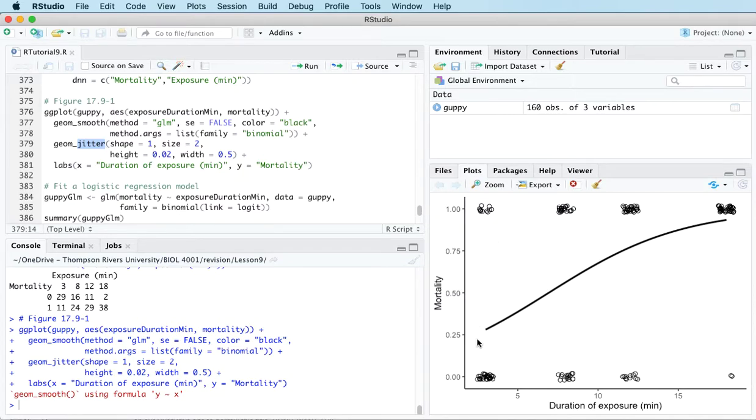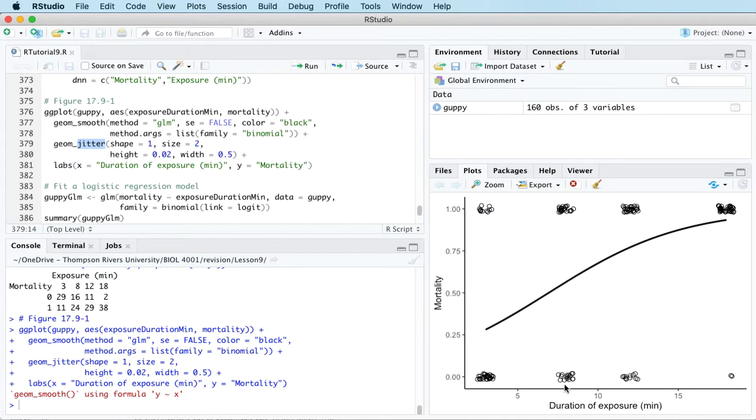So even with the jittering, it's a little hard to see what's going on. We can see that for 3 minutes of exposure, most of the guppies survived. Mortality equals 0 is the surviving ones, and then there was just a handful of guppies that died at that duration of exposure.